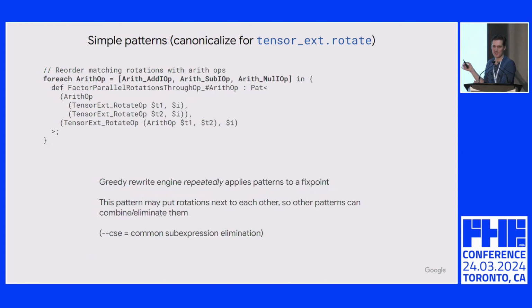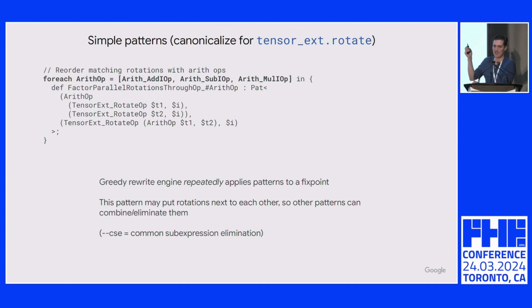Some more complicated examples. TableGen has things like loops, so you can loop over the operations you would like to apply your pattern to if you have some sort of templated pattern that makes sense in that context. In this one, if you apply a vectorized arithmetic operation to 2 tensors that have been rotated by the same amount, you don't actually need to do that. You can apply the arithmetic operation first and rotate later, so you've reduced from 2 rotations to 1.